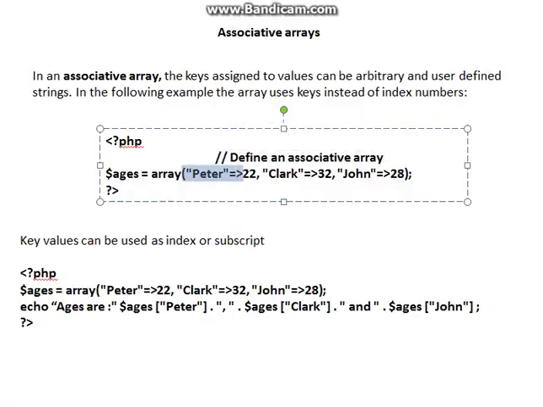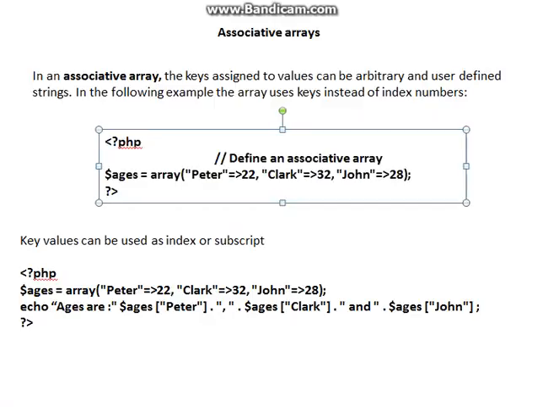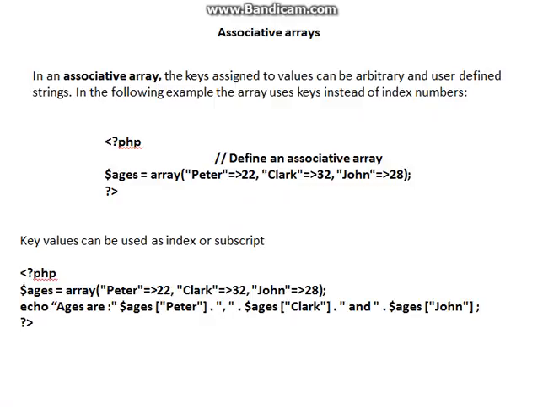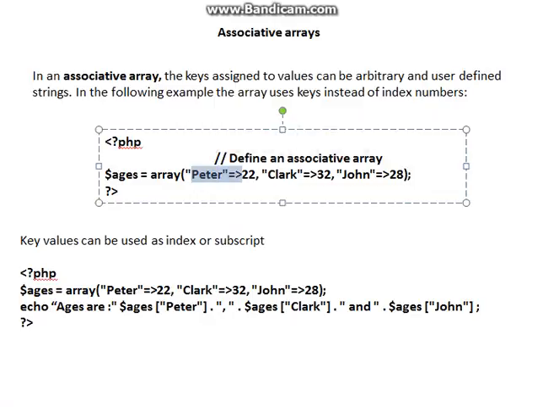For example, here we have created an associative array called ages that contains three elements: 22, 32 and 28. In order to refer to these three elements, we have created three different keys: Peter, Clark and John. If you want to refer to any one of these values, you have to use one of these keys. Let's see another example.